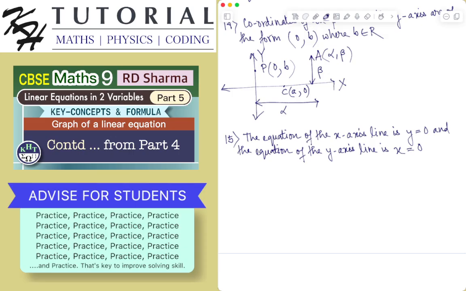That is why the equation of the line x-axis is y equals 0. Similarly, on similar logic, the equation of the y-axis is x equals 0, because if you consider any point on the y-axis, the abscissa will always be 0. That's why x equals 0 is the equation of the y-axis.